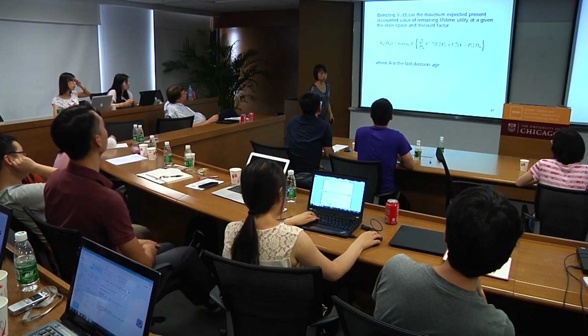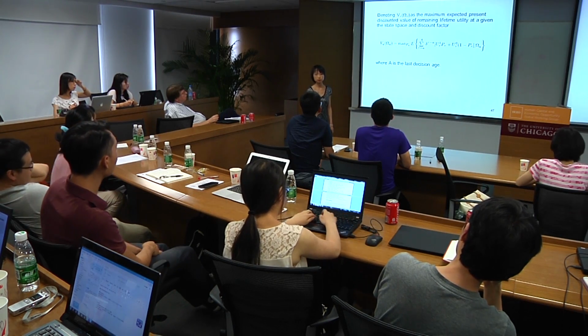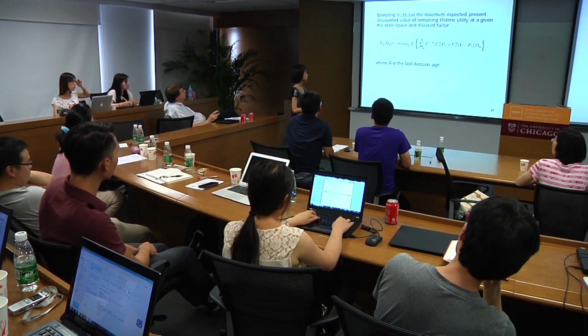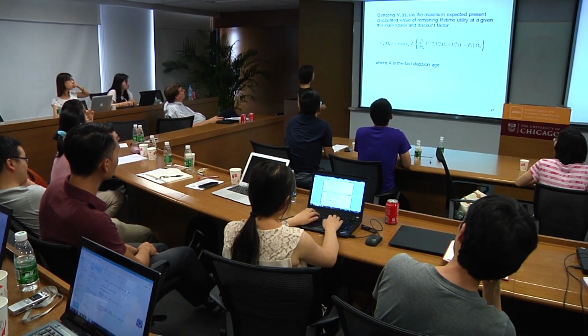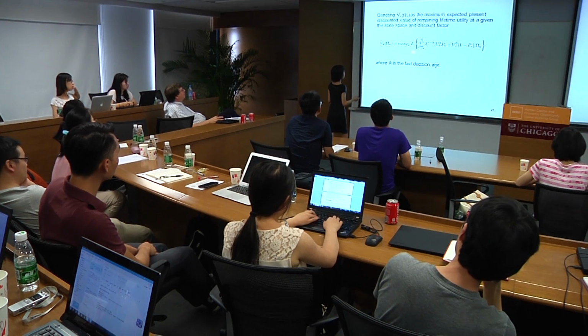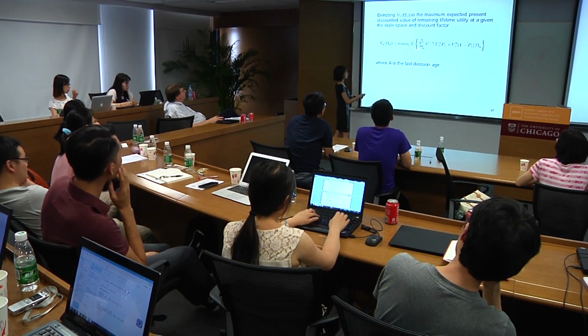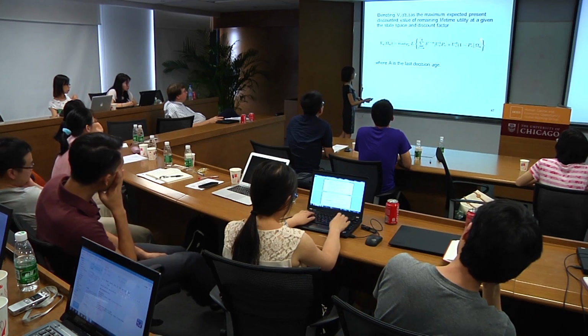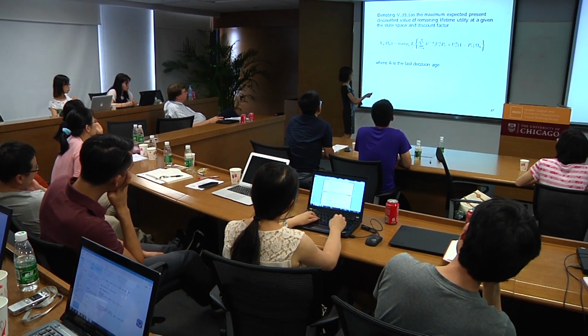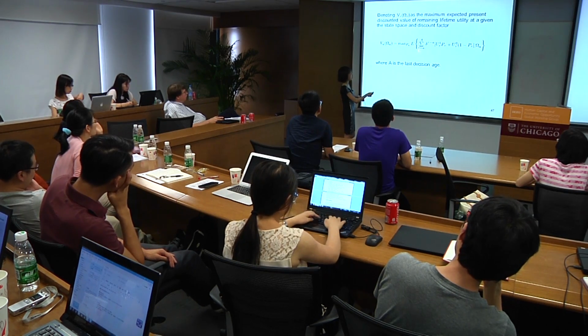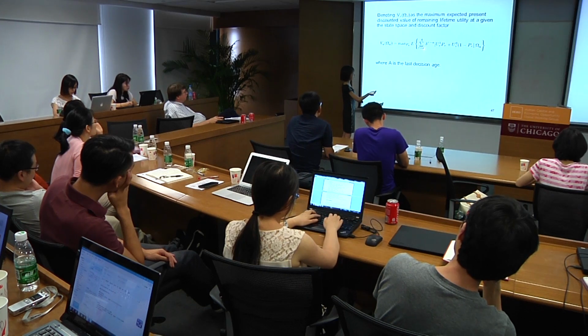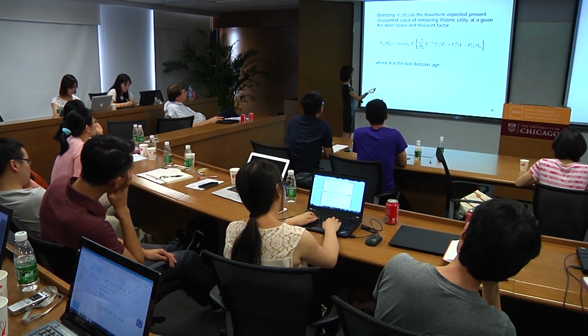Not only am I boring, I also introduced very long terminologies. Sorry. So literally it is just to maximize your lifetime utility. Remaining lifetime means from today until the big A, that's the end of your decision age.